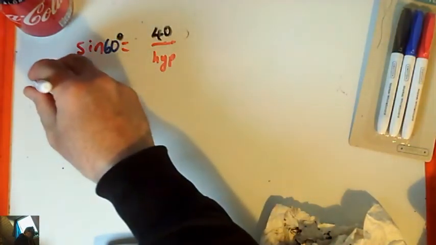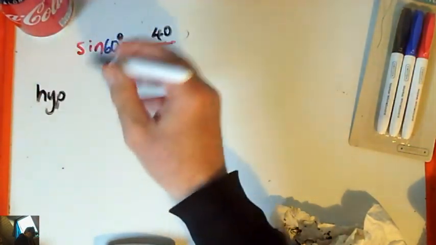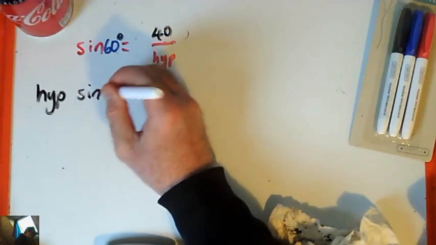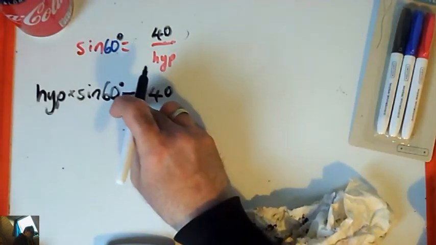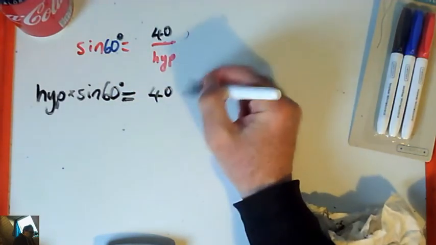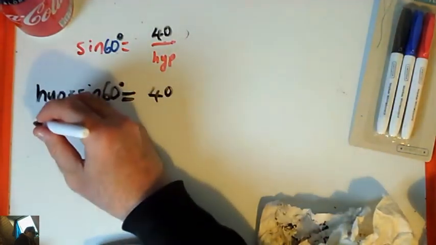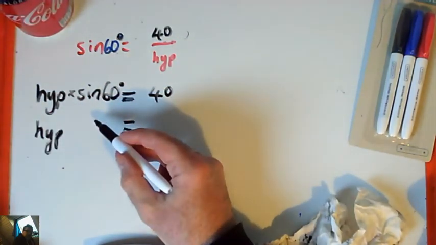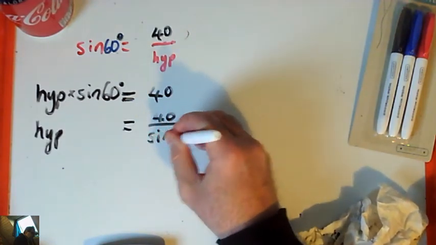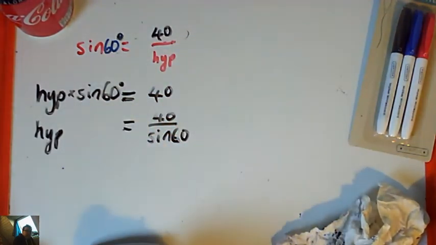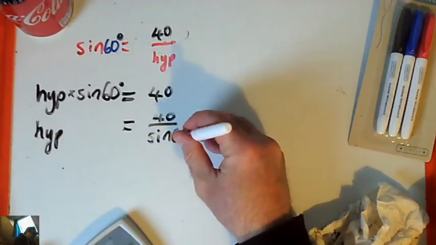So if I multiply both sides by the hypotenuse, I get the hypotenuse times sine 60 is equal to 40. So that's got rid of the fraction by multiplying by the denominator. But I want to get the hypotenuse on its own, so I'm going to have to divide by the sine 60. So the hypotenuse is 40 divided by sine 60, which is something I can just do on my calculator.